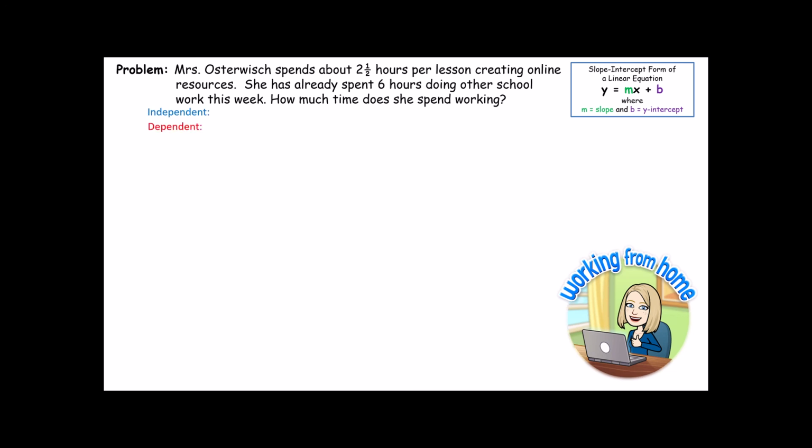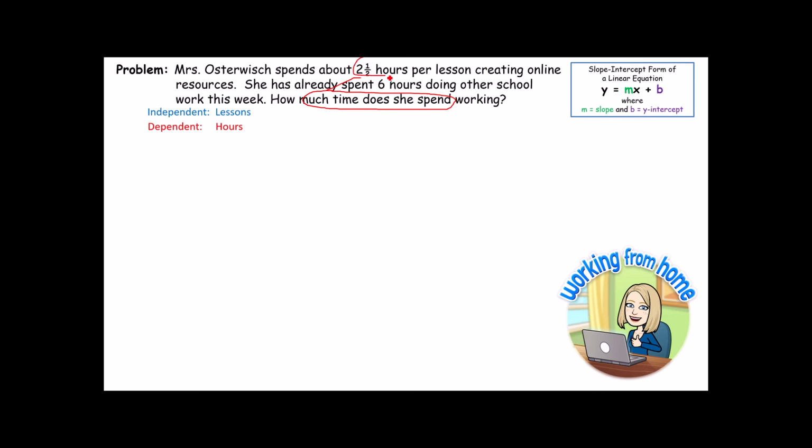I think this one's just a little bit tricky because in this problem, notice that your time is what's dependent. That's extremely unusual. Typically, time causes other things to happen. But if you look at this problem, we're trying to figure out how much time was spent working. Well, how much time she spent working depends on how many lessons she made.